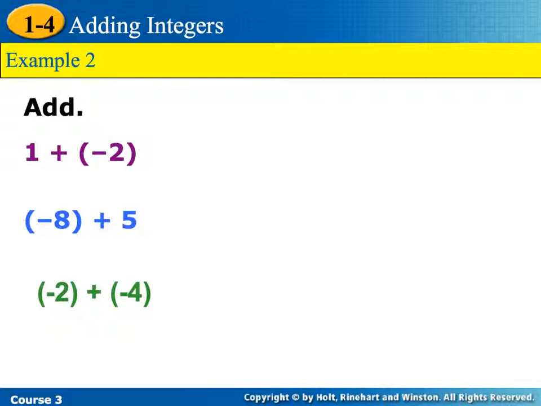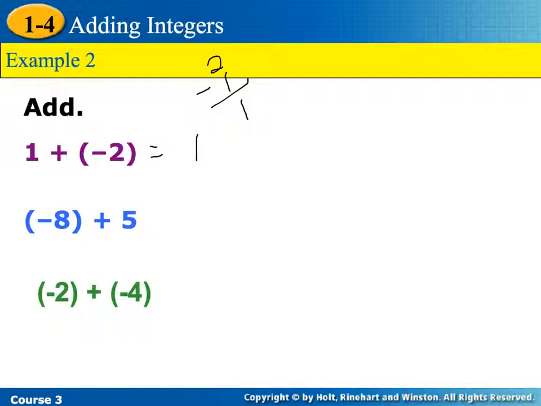All right, so looking at this, we have 1 plus a -2. Very first thing you ask yourself, do we have the same sign? No. We have different signs, so we find the difference. Because we have different signs, I take the digits, which are 2 and 1, and subtract them. 2 minus 1 is 1.